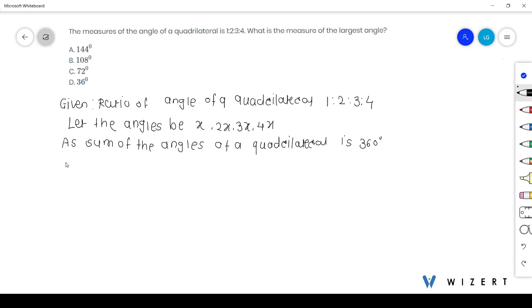So here it will be x plus 2x plus 3x plus 4x is 360 degrees, which means 10x is 360 degrees.